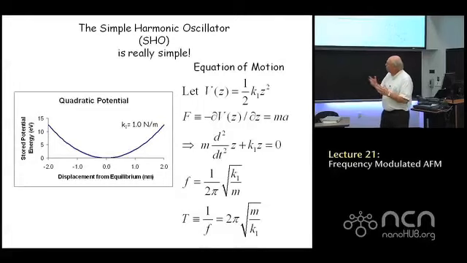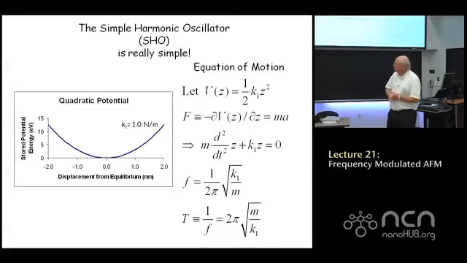So back to the frequency question. When you have a quadratic potential, the motion in that quadratic potential is referred to as a simple harmonic oscillator. And the simple harmonic oscillator is really simple, right? This is a problem that all of you have learned to solve in your introductory physics course. The equation of motion is basically gotten from Newton's law of motion.